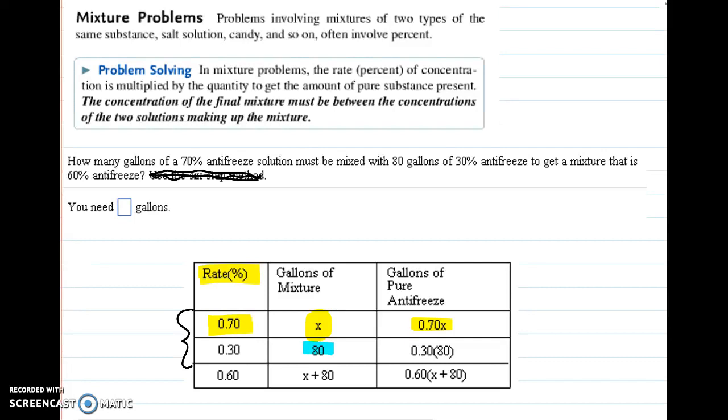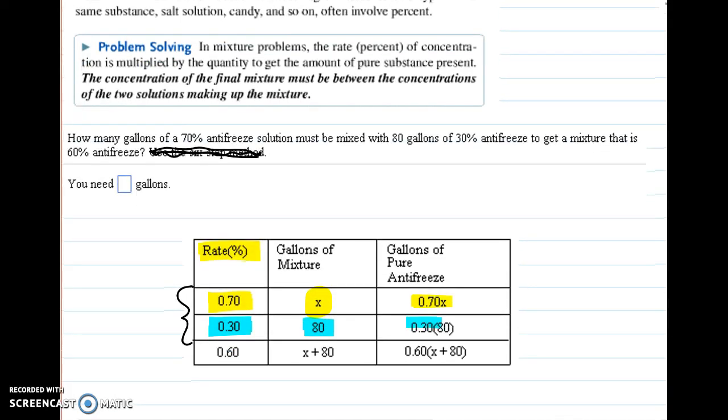So we have 80 gallons, because we know how much we have this time. The concentration is much lower. It's only a 30% solution. So that means 30% of 80 gallons, 0.3 times 80, is the amount of that liquid that is pure antifreeze.